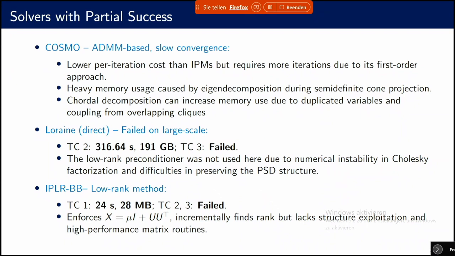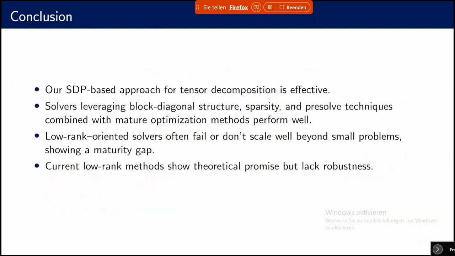This solver has a technique to find the correct rank even if you start with a small rank or a bigger one. So when it solves the problem, it can find the correct rank, but it fails for larger scale problems because it lacks structure exploitation and high performance matrix routines.